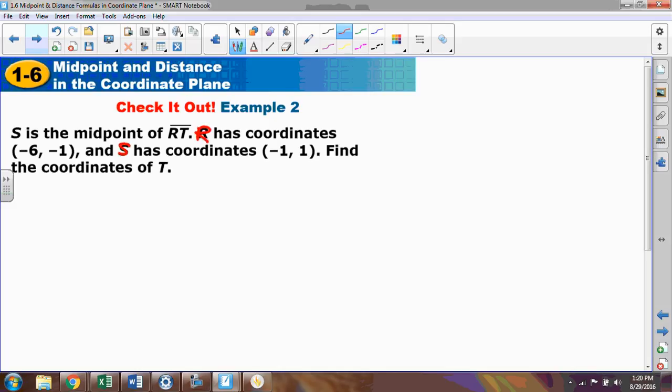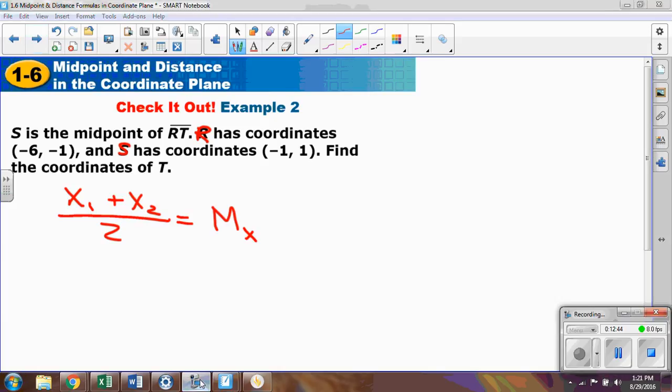One of the things that we can use is this component. The midpoint for the x-coordinate comes from here. Our second method can actually take advantage of the midpoint formula.